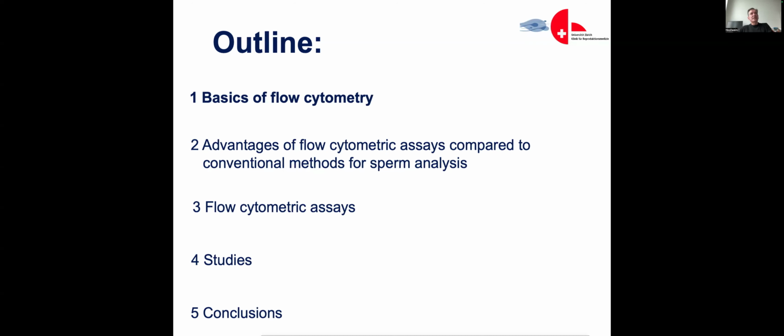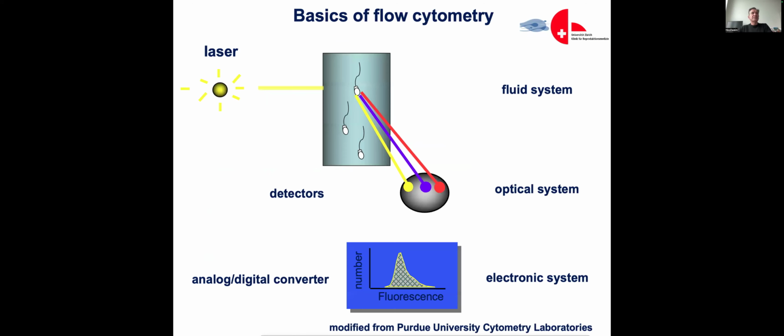Starting with the basics of flow cytometry, we normally need different systems. At first, we need a laser with the emission of light. Most often the 488 nanometer laser is used, but there are also UV lasers and 630 nanometer lasers. Nowadays, most of the machines have 3 to 4 lasers.